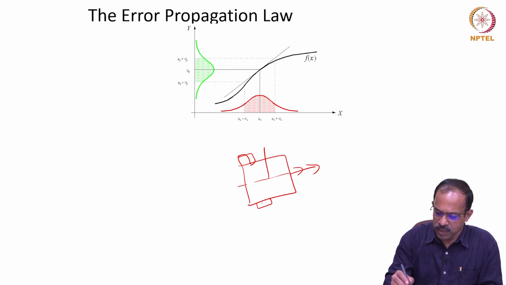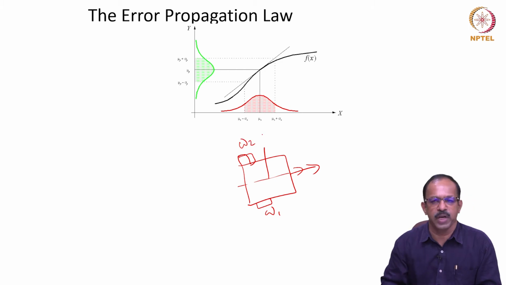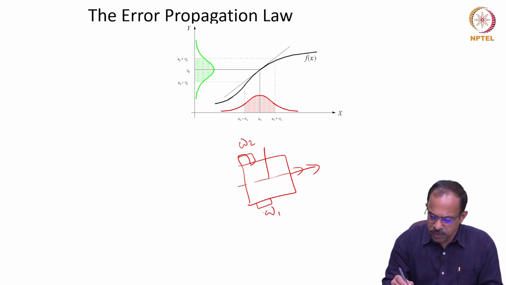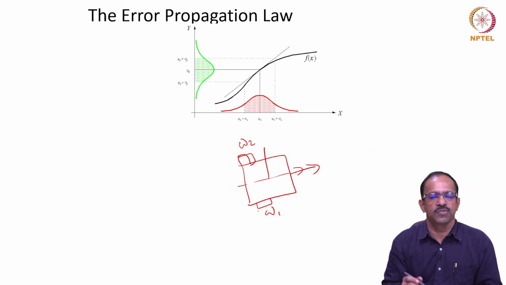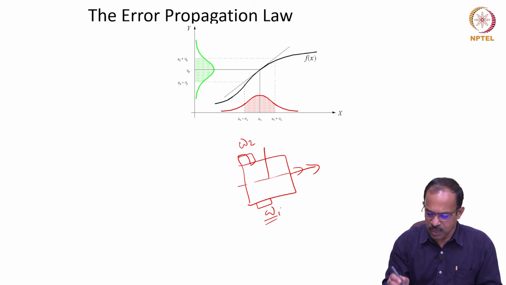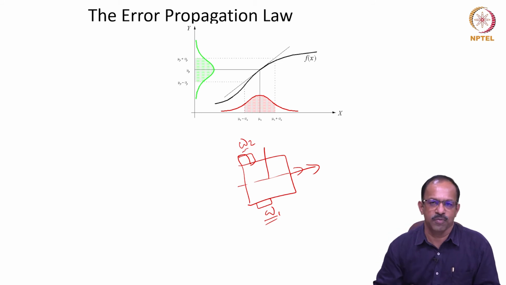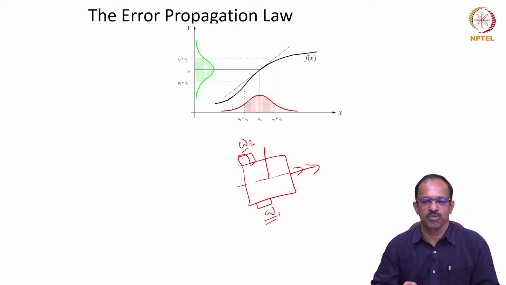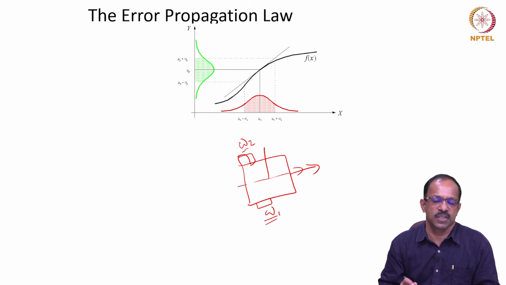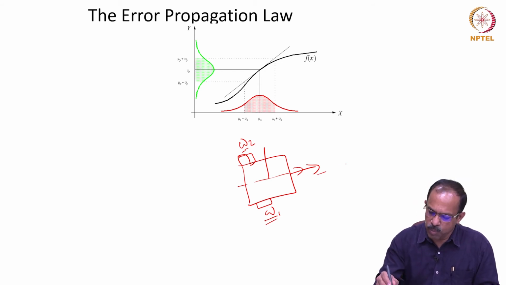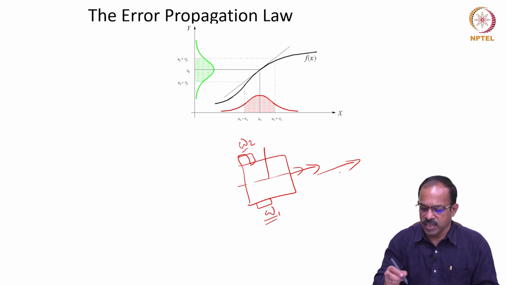The robot is moving, and this wheel has a speed of omega 1, and this one has a speed of omega 2. We use two sensors to get the values of omega 1 and omega 2, or we use a sensor to get the speed of the wheel or the angular position of the wheel based on the sensor reading. Then we want to know how much the robot has traveled in its x direction.